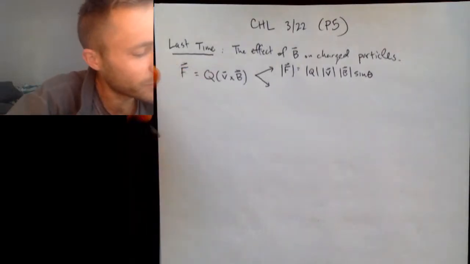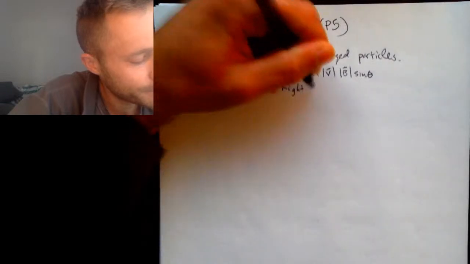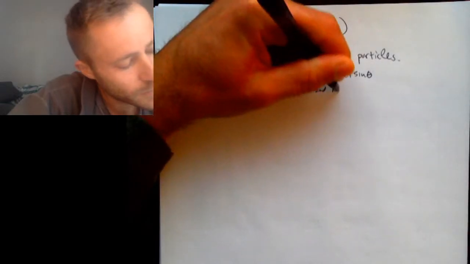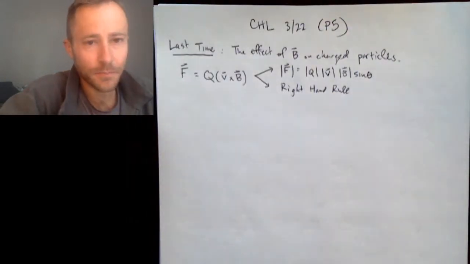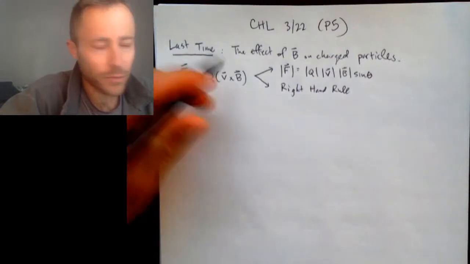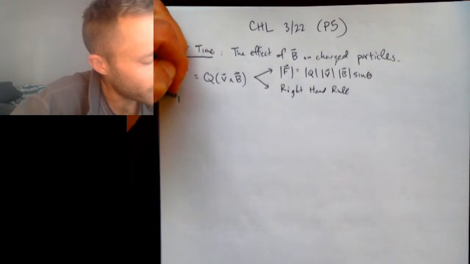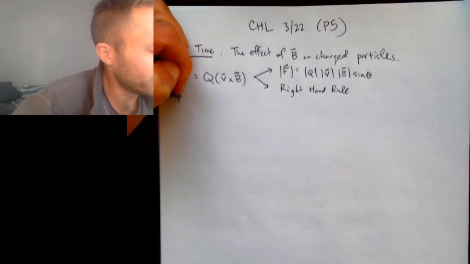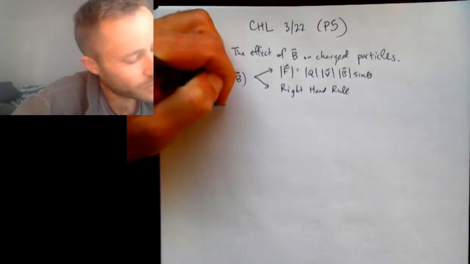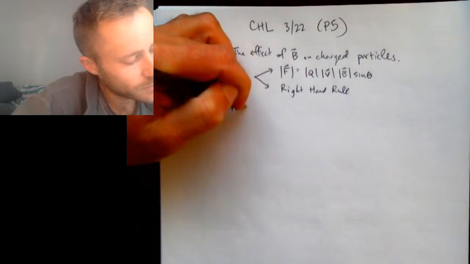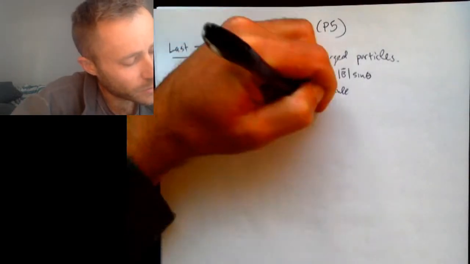And then to get the direction, we used the right-hand rule. So I encourage you to review that if you don't remember it. And then we learned that magnetic fields cause charges to move in circles.